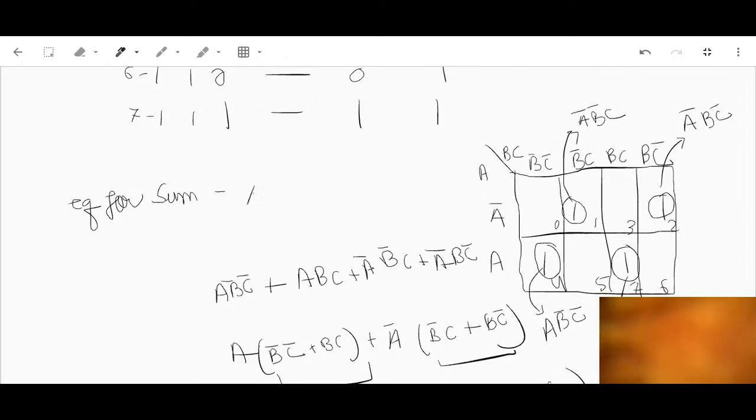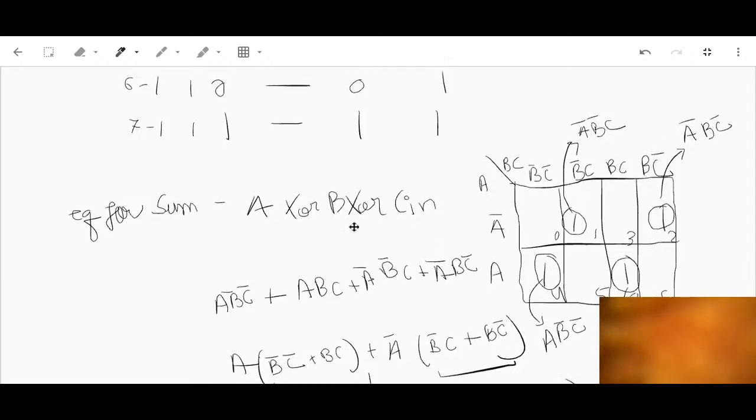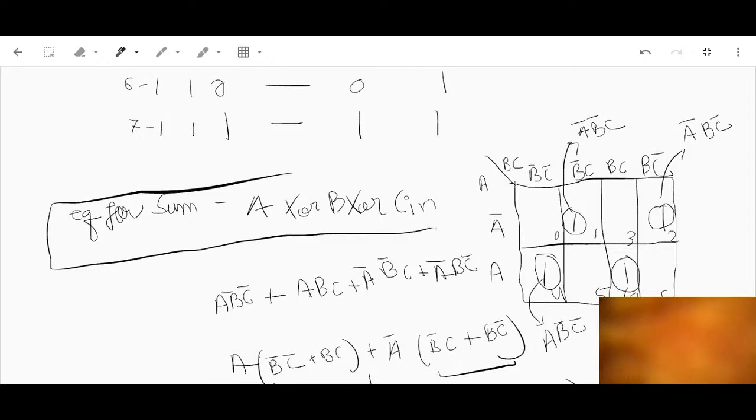So here we will write A XOR B XOR C in, because we just replace the value of C with C in. Okay, so this is the equation for sum.